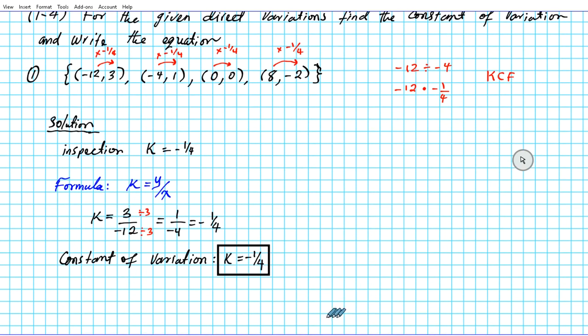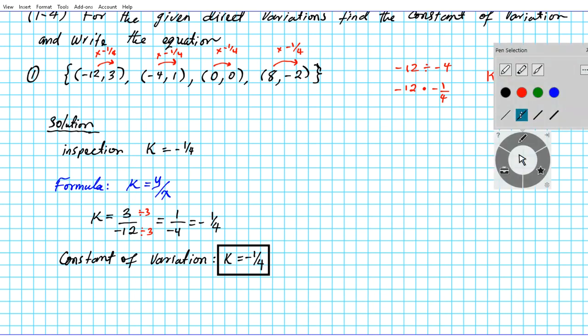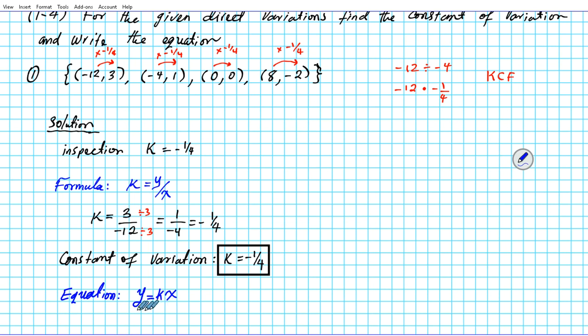Alright, so we also need to write down the equation. So the equation is given by the formula, of the form y equals kx. Alright, so y equals kx.